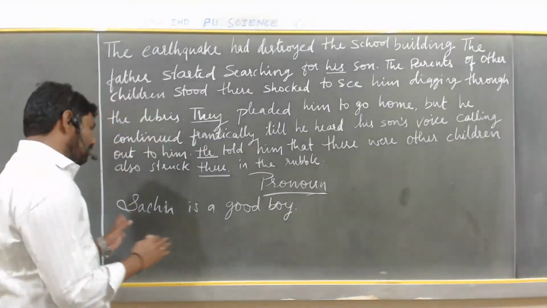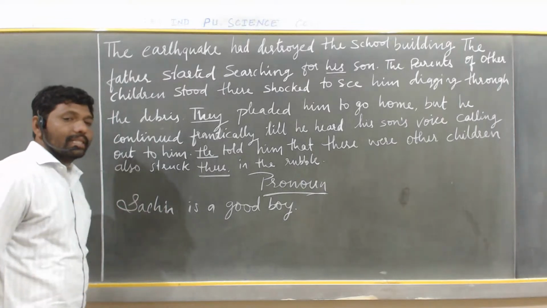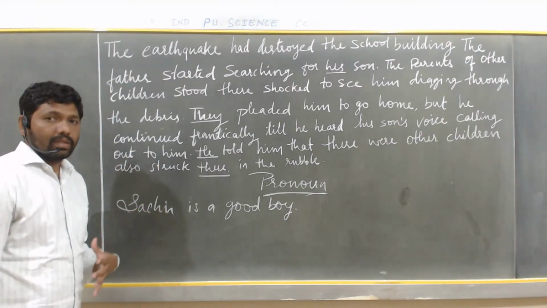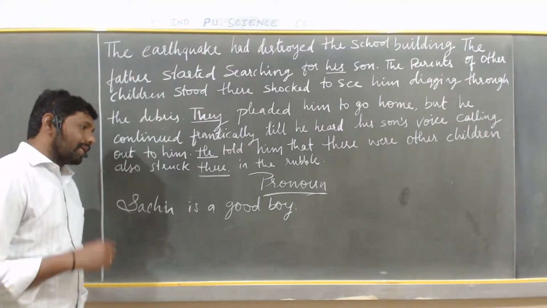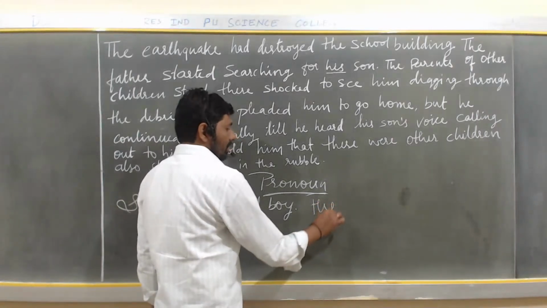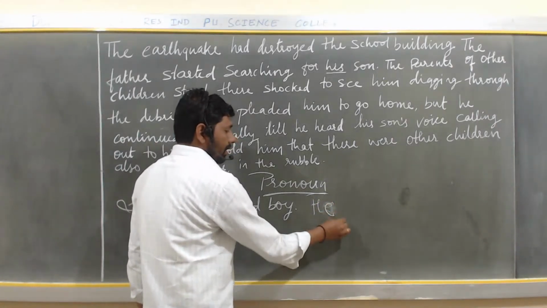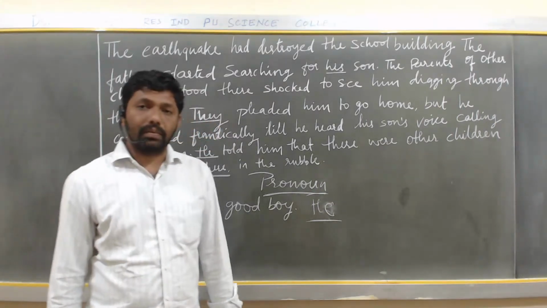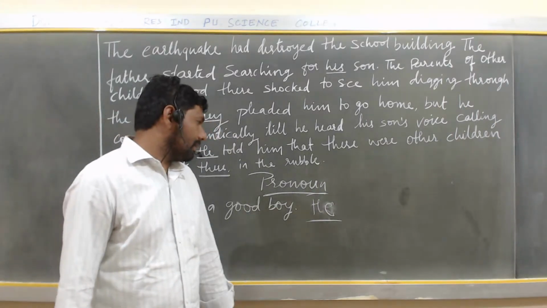If I keep repeating Sachin, Sachin, Sachin, it sounds jarring. So, to avoid this repetition, we use pronoun. Here, he is used. There are types of pronoun that we will deal with later.